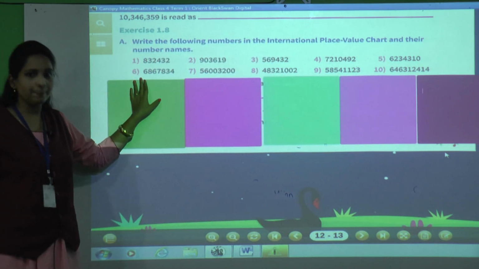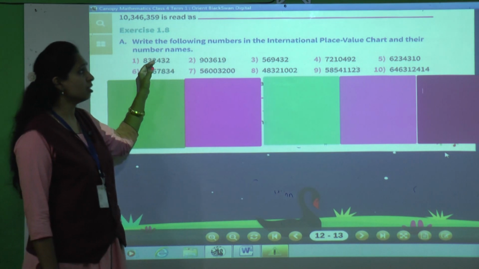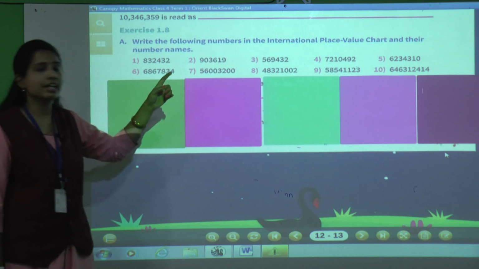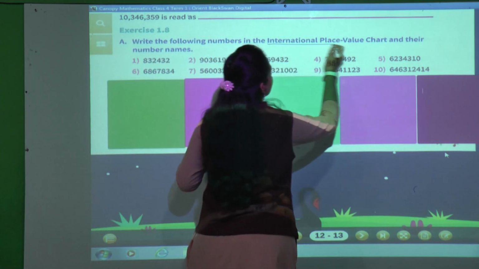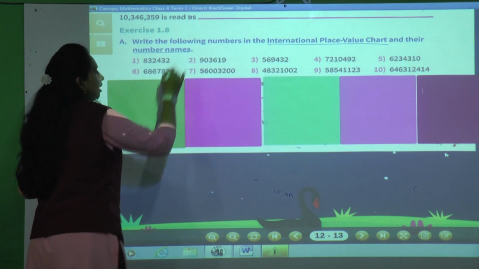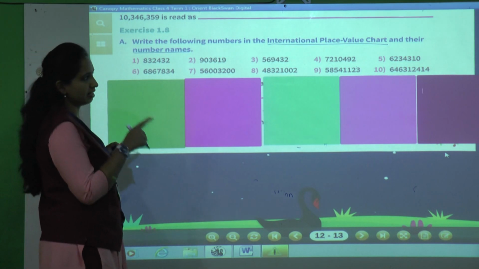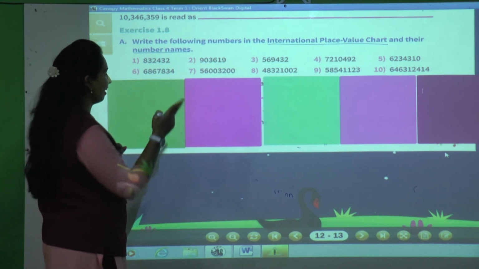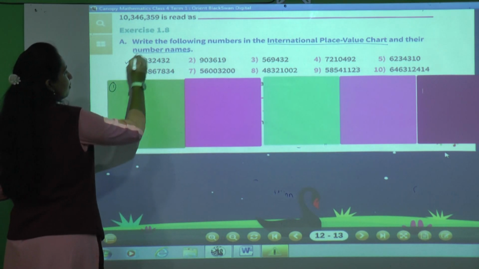They have given simple numbers, so we have to place these numbers in the international place value chart. And they said to write their number name. Two things we have to do. First, place the numbers in the international place value chart, and second, write the number name of the given number.